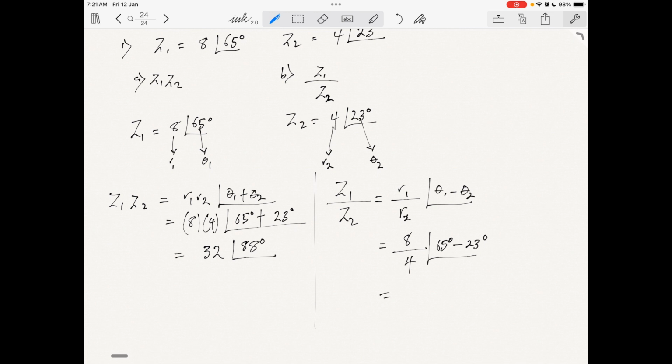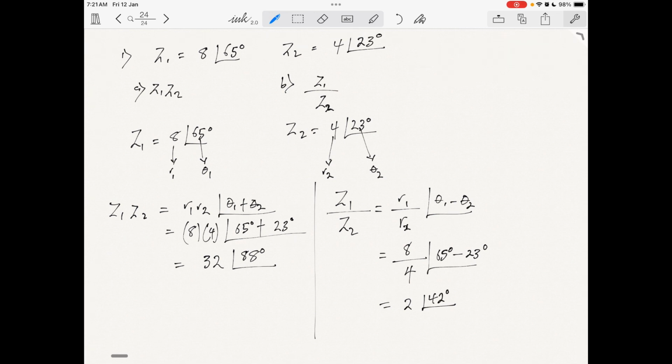This will give us 2 argument 42 degrees. So division and multiplication in polar form is actually quite easier than in Cartesian form, just as addition and subtraction in Cartesian form is quite easier than in polar form.